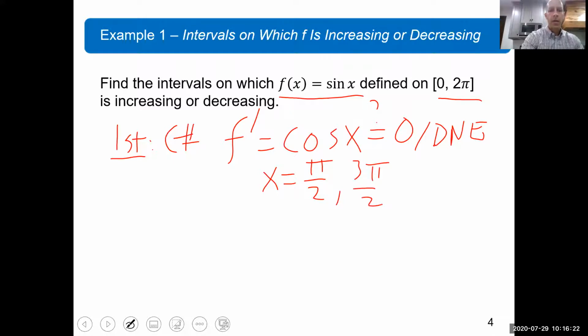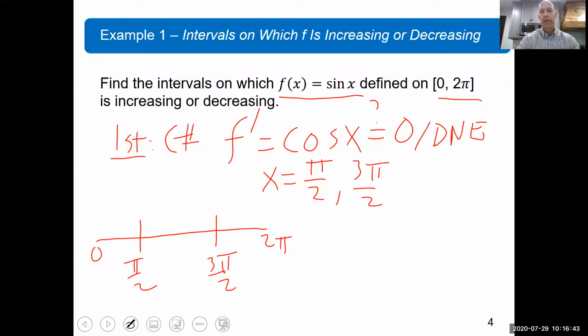So now that I know those two critical numbers, I'm going to do my little sign chart here. So here's 0, here's 2 pi, because we're restricted to that domain. And all I'm going to do now is plug something in. This is pi over 2, here's 3 pi over 2. So what's a number that's less than pi over 2? Well, pi over 4.